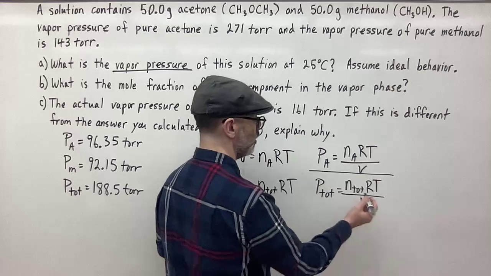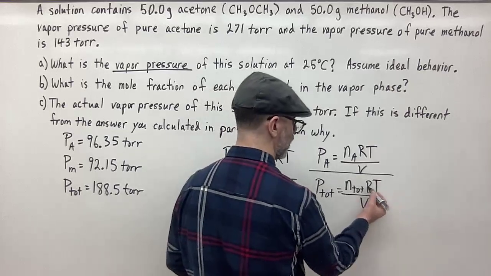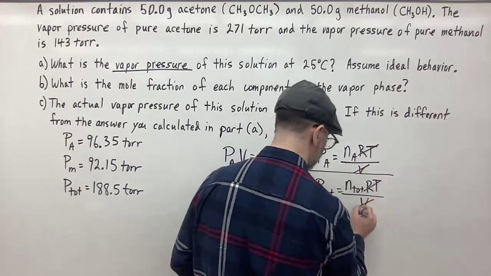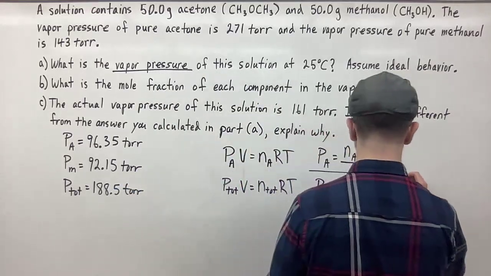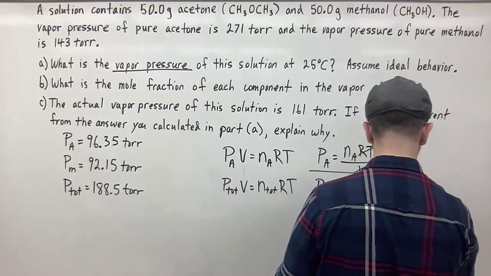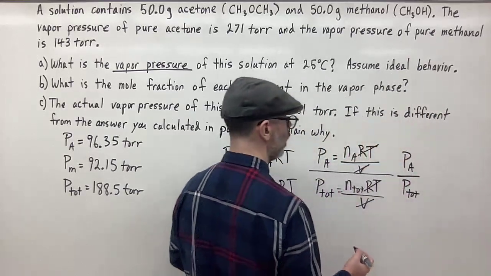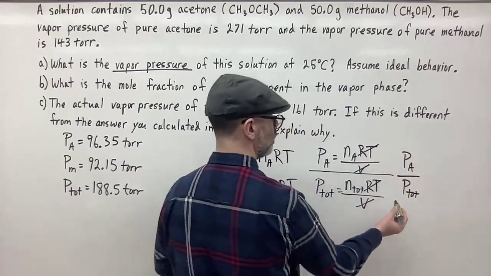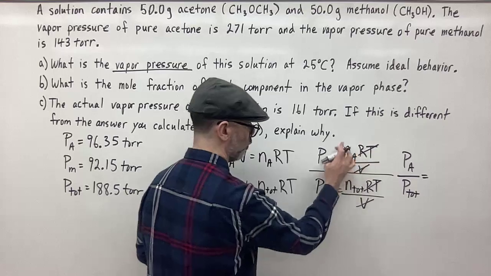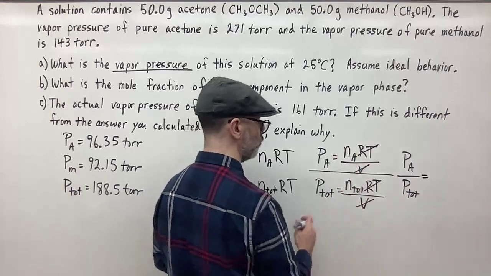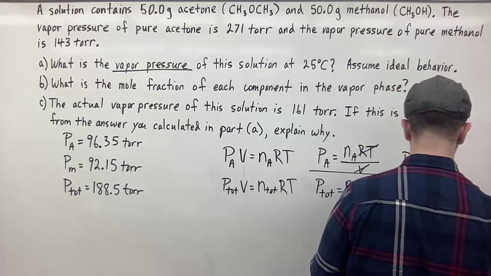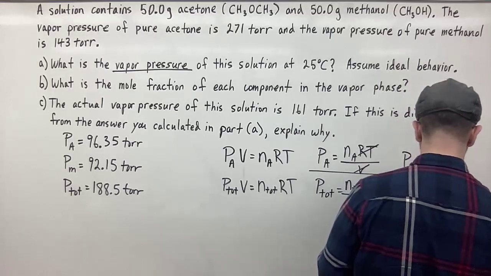Now, if we divide these, since the volume and the R constant and T are all the same, those are going to cancel out. And what you end up with is PA over P total, the partial pressure of A divided by the total pressure, is going to be equal to the moles of A divided by the total moles.